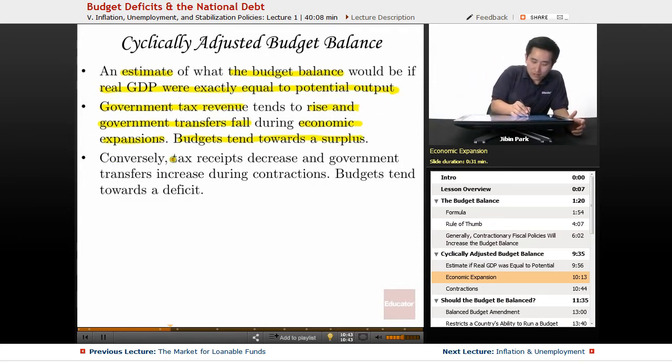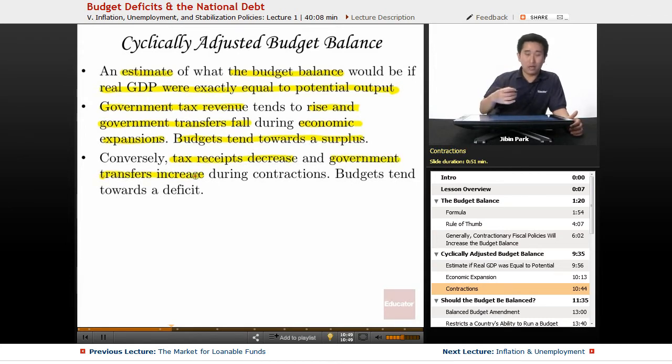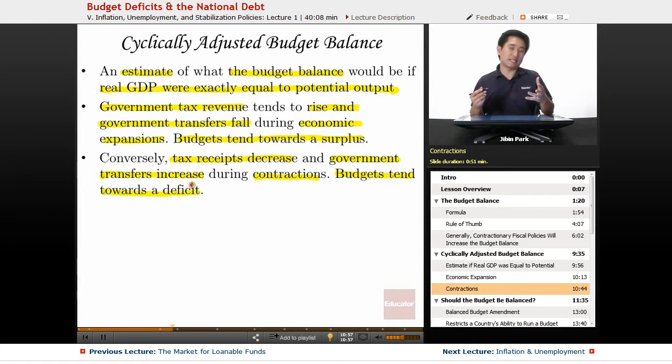Again, conversely, tax receipts will decrease and government transfers are going to increase, meaning that the government's paying out more and less money is coming in during contractions. So the budget will tend towards a deficit. Again, these are what's called automatic stabilizers. So it makes sense that the government might spend a little bit more during recessionary times, and maybe during expansionary times they take in more through taxes.